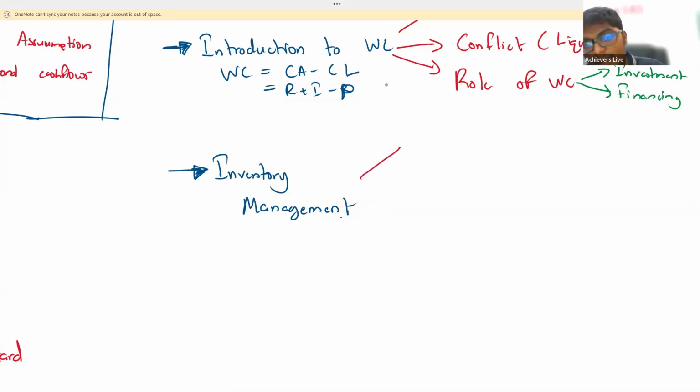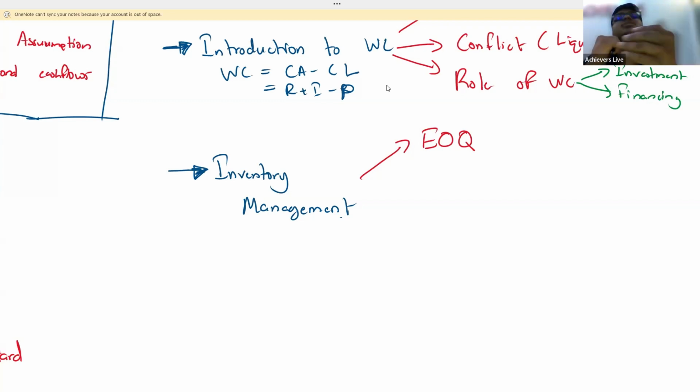Under inventory management, the first big thing which we looked at was EOQ, economic order quantity. What is EOQ? It calculates at which order quantity it is the cheapest for the company. Which order quantity is the cheapest?